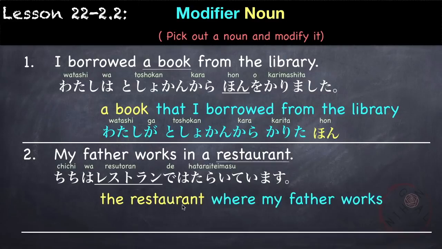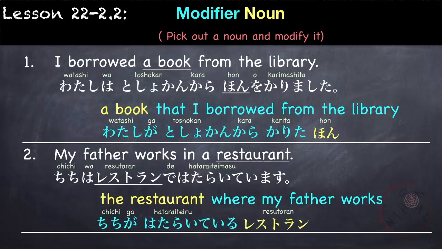The restaurant, or a restaurant where my father works, which is 父が働いている, again in plain form. 父が働いているレストラン. Again, here we didn't put the particle de. So this is just a normal modified noun as of now.